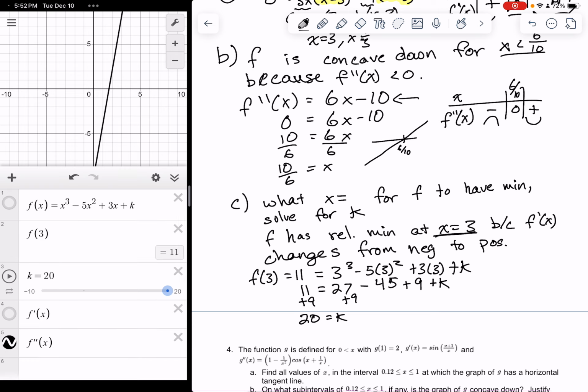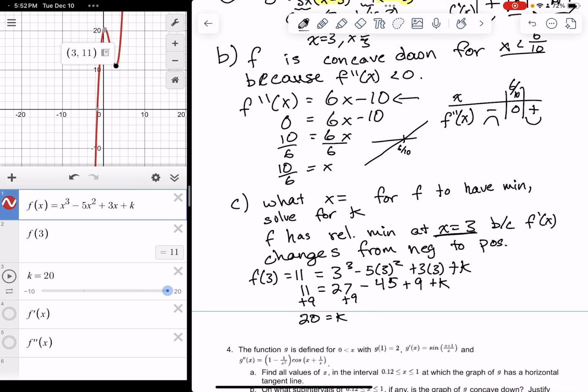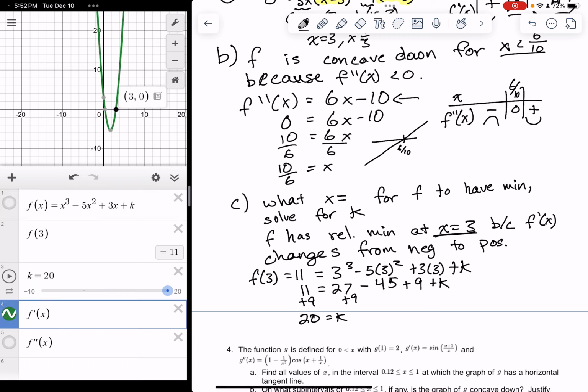But that was it. And how did I know that at f of 3 we hit a min? Well, there's a couple of ways. I could just click on the graph there, or if it doesn't allow me to click on mins, I could notice that there's a 0 at 3 that changes from a negative height to a positive height. That would have been the min.